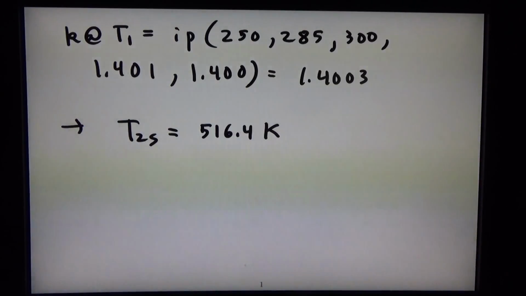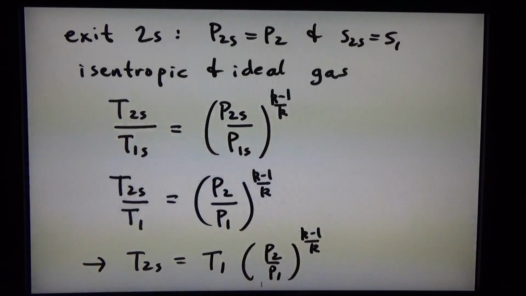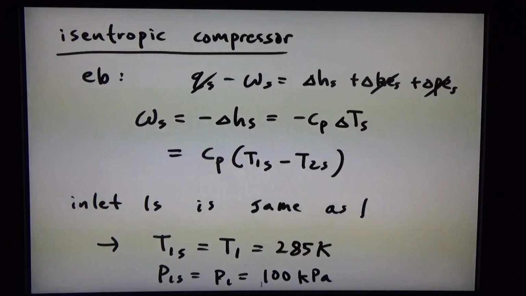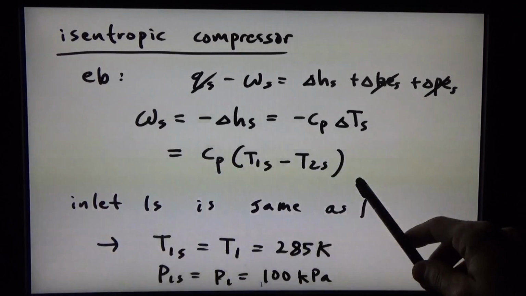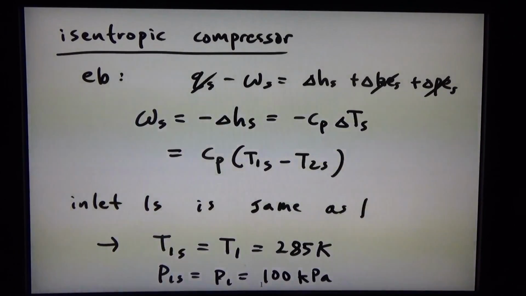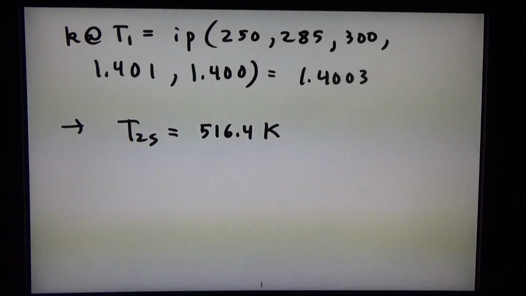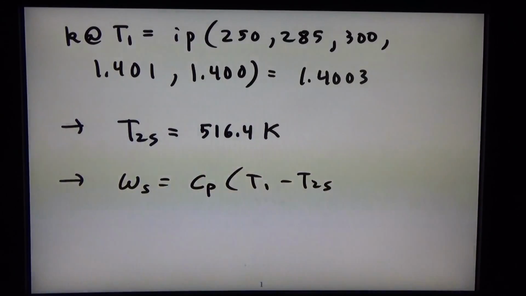So now we have T2S. So what can we do with T2S? Well, we can find the isentropic work, W sub S. C sub P times T1 minus T2S.